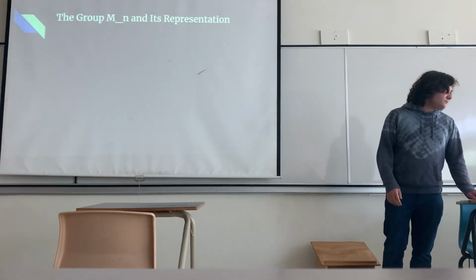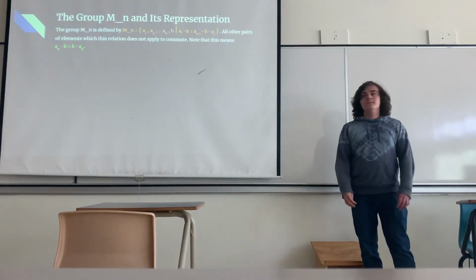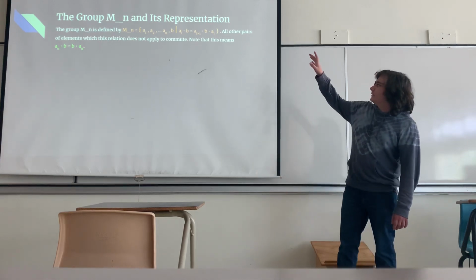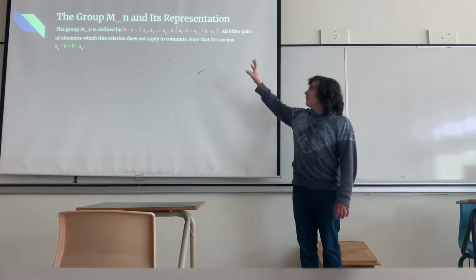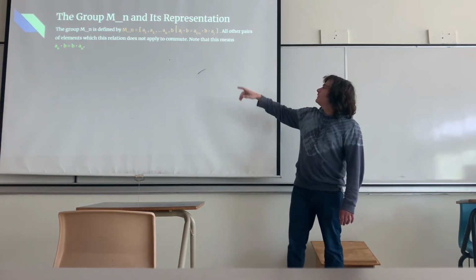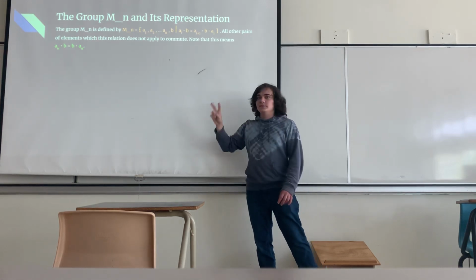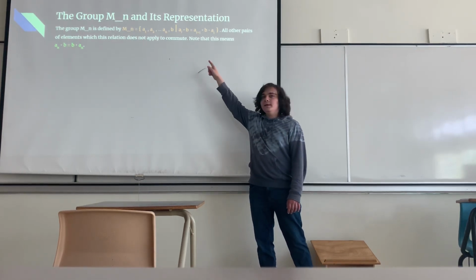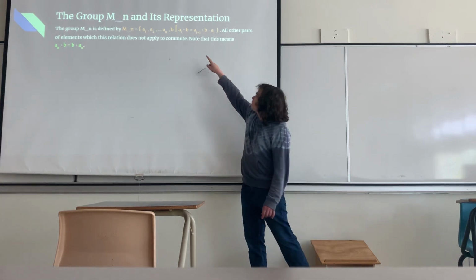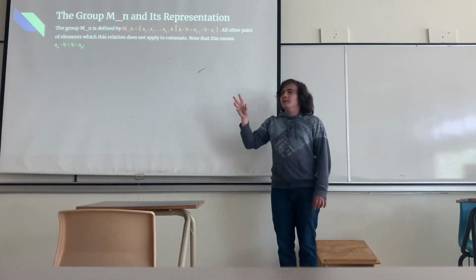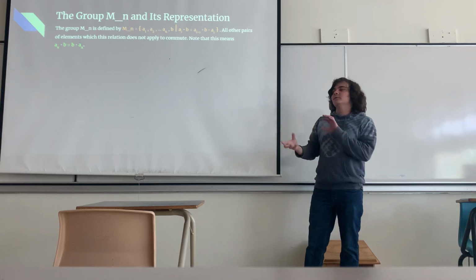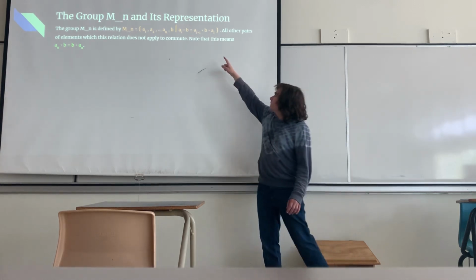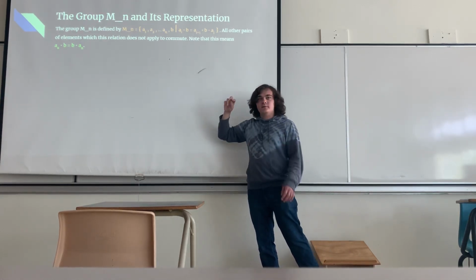Okay. So the group Mn is defined by some elements. These are not all the elements, but they are the important ones. We have n of these A's: A1, A2, A3 up to An. And then we have B. It's defined by a rule where if you take any of the A's and multiply it by B, and then you switch the order, a factor of the next A comes out.